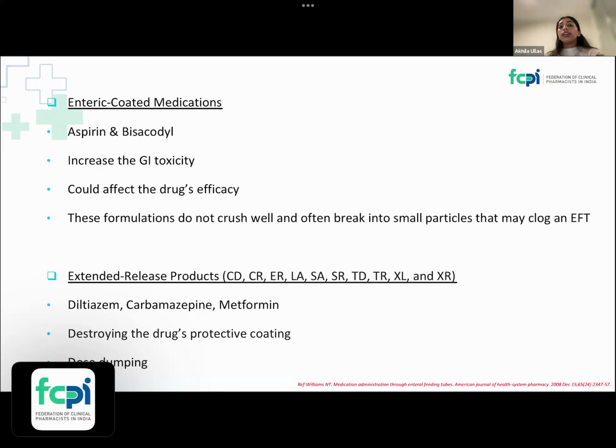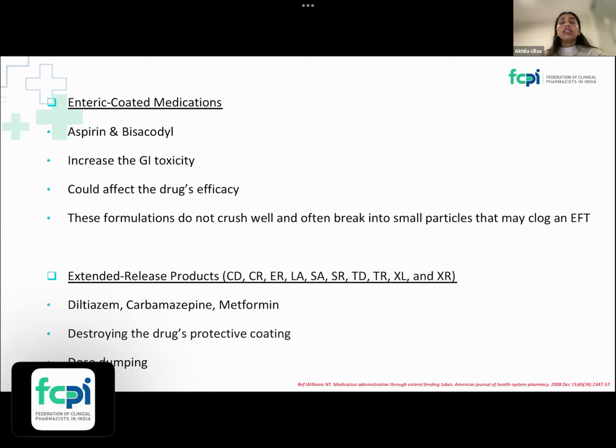Some other products are extended release products, like CD, controlled release, extended release, long sustained release tablets. Some examples are diltiazem, carbamazepine, metformin. These are available in controlled and sustained release formulations.